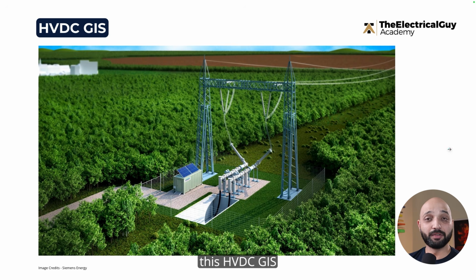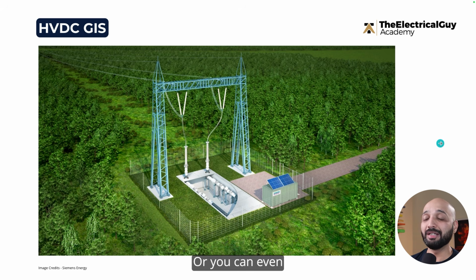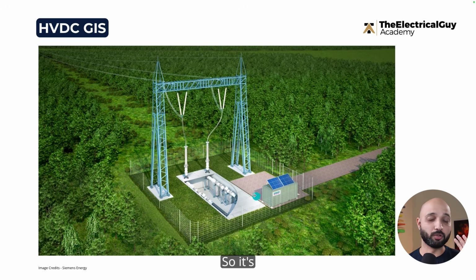And the advantage of this HVDC GIS is that you can place it on top of the ground, connected to the HVDC transmission line like you see in the image, or you can even put it underground. So it's made for both applications. There are some solutions available, containerized GIS, so you just get the container, place it on the site, and you're good to go. So it's a versatile application that it offers.